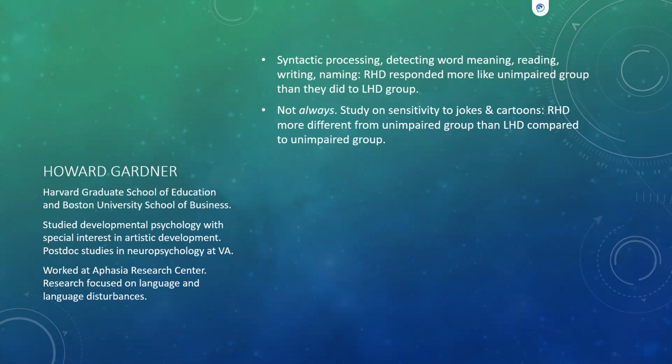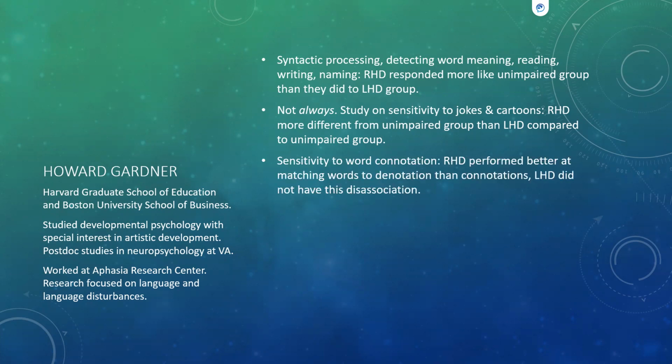So again, it reinforces what we just talked about. When Howard Gardner looked at things like sensitivity to jokes and cartoons, the right hemisphere group was more different than the unimpaired group than when the left hemisphere group was compared to the unimpaired group. So again, we see that deviation or that difficulty in understanding jokes, cartoons, abstract language or thoughts.